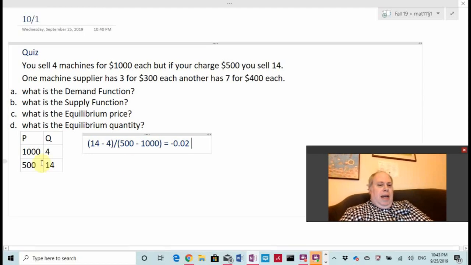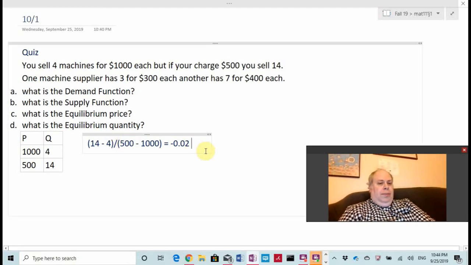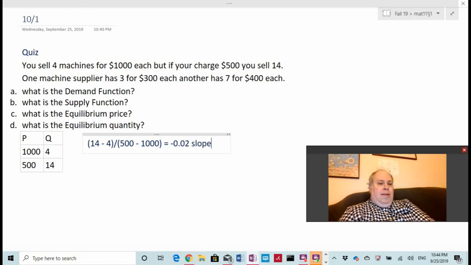That's because changing the price by $1 is not a lot. When we change the price by $1, we're not going to create a huge difference in how much people buy. This is the slope, and it is negative, and that's important. It always should be a negative slope. If we changed the price by 100, though, that would make a change of 2 machines.